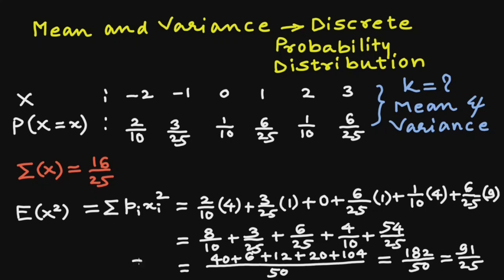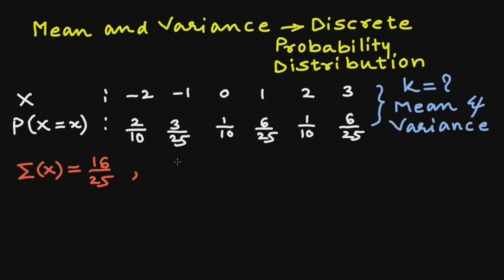So this is expectation of x square, 91 upon 25.